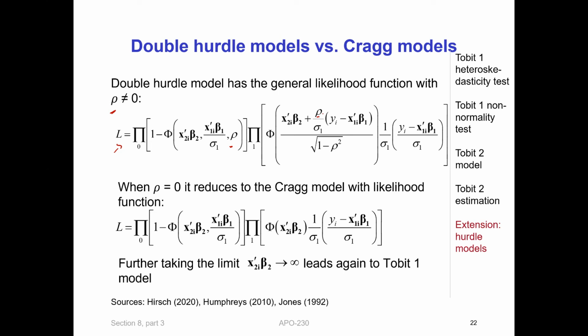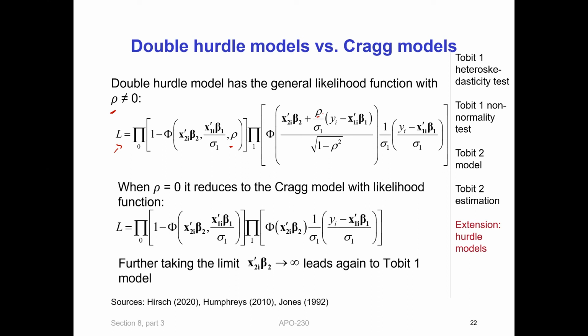And the Cragg model basically uses this general form of likelihood function, but applies it to the case where the two error terms are uncorrelated. So for the case that the unobserved heterogeneity of the participation has nothing to do with the unobserved heterogeneity that determines the level or the intensity.